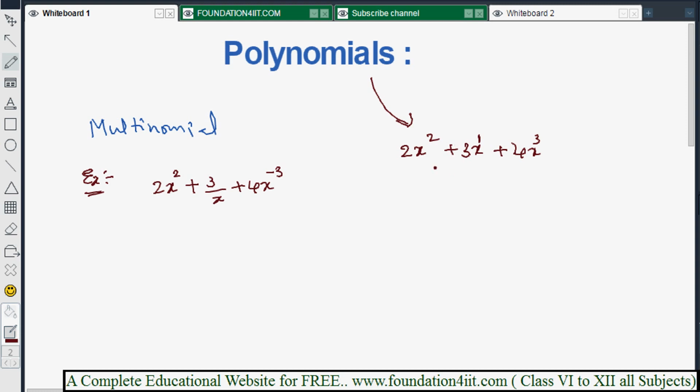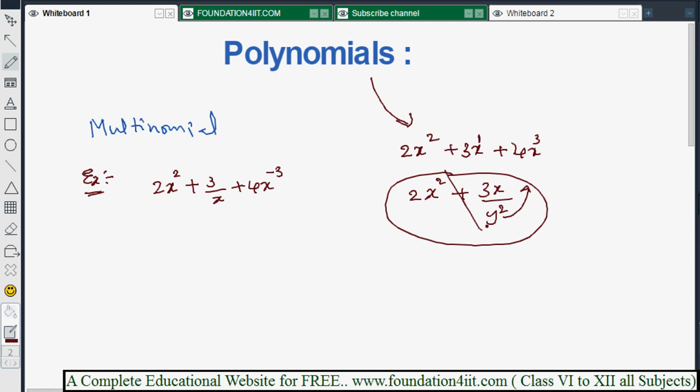Now 2x square plus 3x by y square: this is a multinomial but not a polynomial, because y to the power 2 in the denominator, taken to the numerator, becomes y to the power minus 2. So this is not a polynomial. A polynomial has only non-negative integral powers.